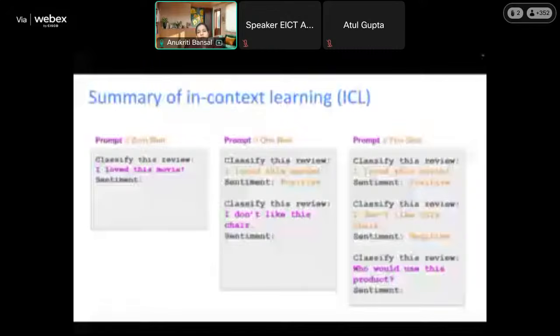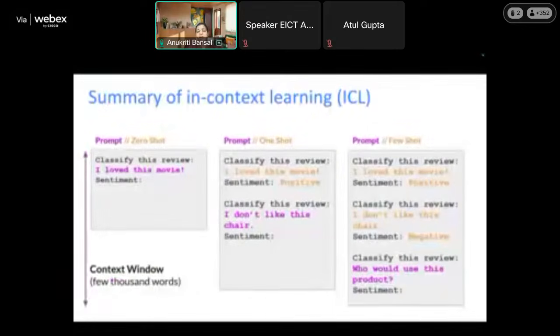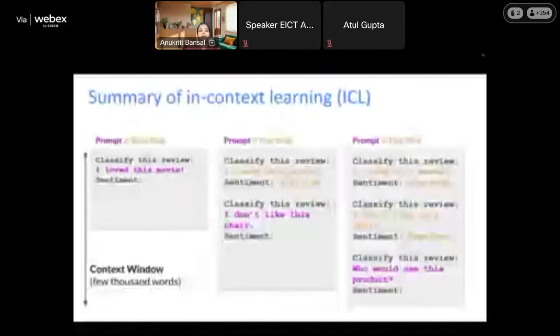So this is in context learning, and there is always a trade-off with the context window. As we go from zero shot to few shot, we need a larger context window because we are providing so many examples, and my model will take some amount of time in processing that information as well.